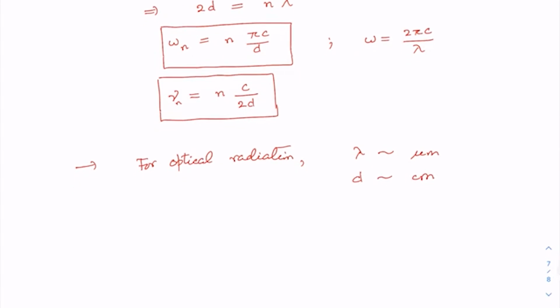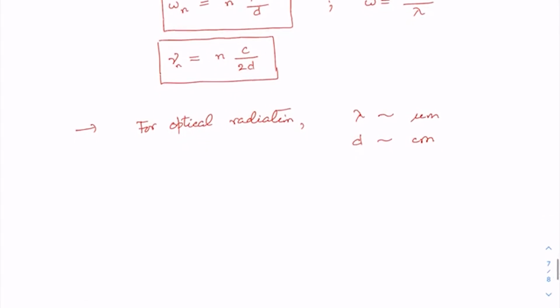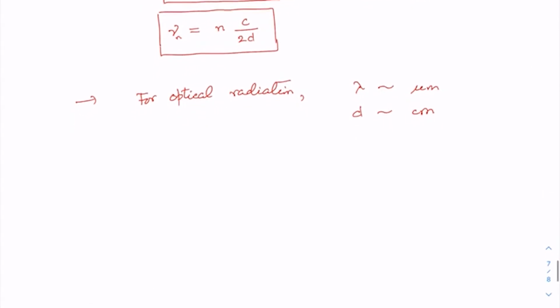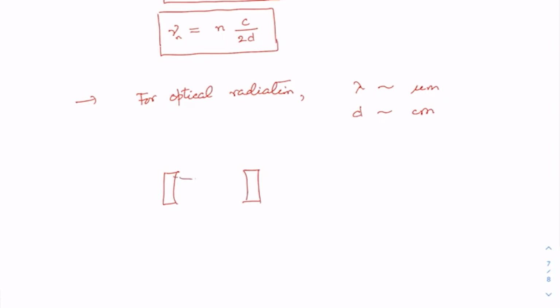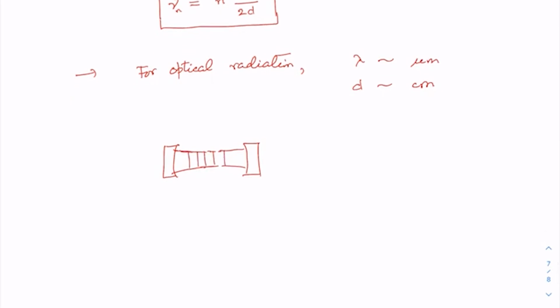In typical experiments, people generally shoot neutral atoms. Let me explain that. Suppose you have a Fabry-Perot cavity like this, with these two mirrors, and an optical radiation inside. This is the envelope of the optical field, and the wavelength is in the micrometer regime. This is in centimeter.